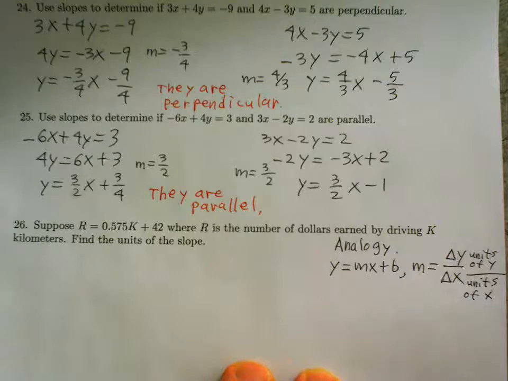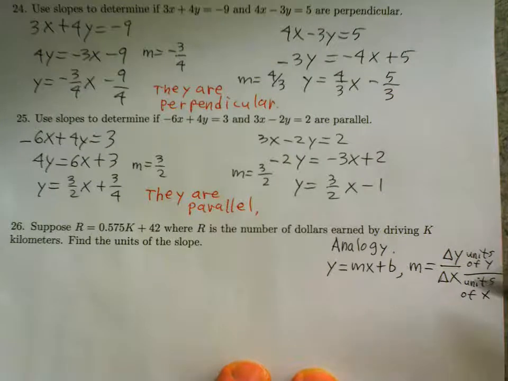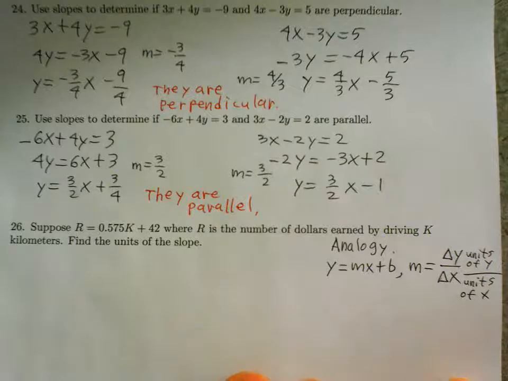So you could say units of y per unit of x. It's a rate. Another example of a rate that you're familiar with is miles per hour. Or if you have a job, you might earn dollars per hour, things like that.